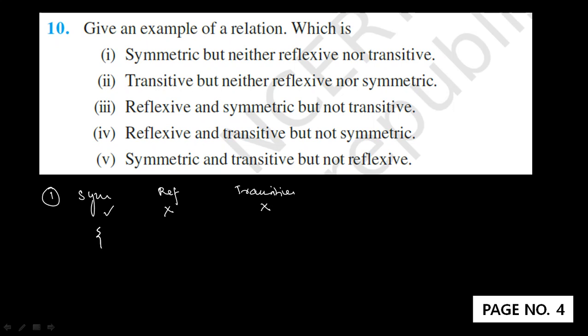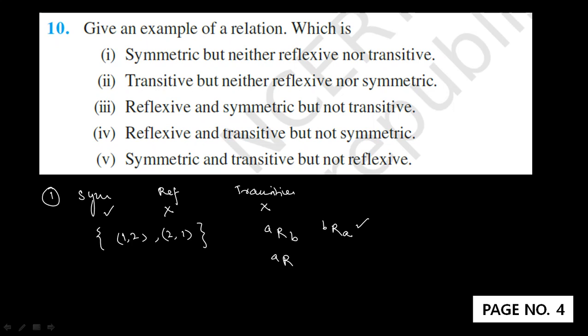Now, suppose I am writing the set like this: (1, 2), (2, 1). Suppose only two elements are there. Now, it is not reflexive. It is neither reflexive nor transitive. It is only symmetric, because of the second condition, that is A in relation to B and B in relation to A, it is only applicable. And what about the first condition?